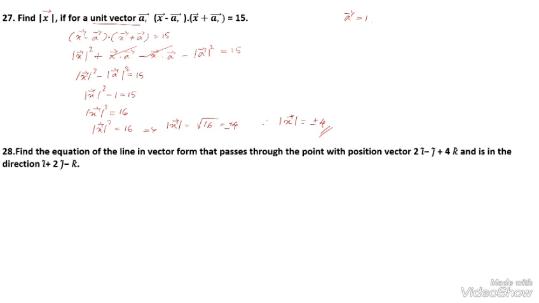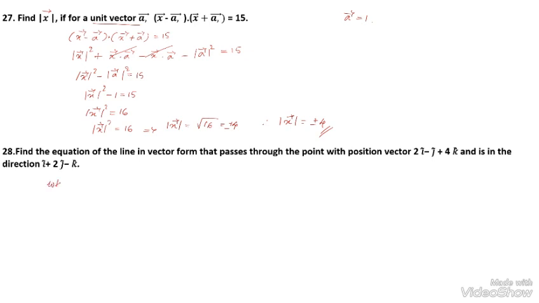Next one, find the equation of the line in vector form that passes through the point with position vector 2i cap minus j cap plus 4k cap and is in the direction of i cap plus 2j cap minus k cap. Okay, here the equation of line in vector form.